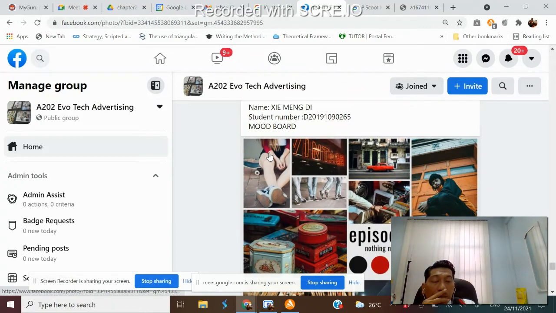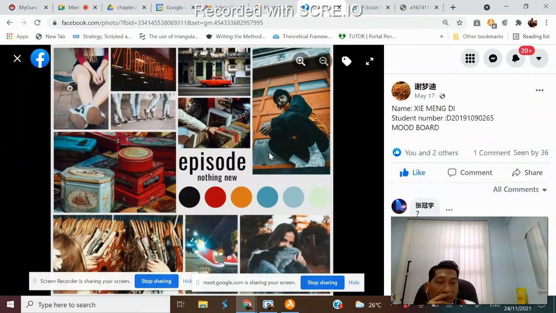So this is also some sample of the mood board. You just put anything, rough pictures, so that you get ideas what you're planning to do for your mini proposal.